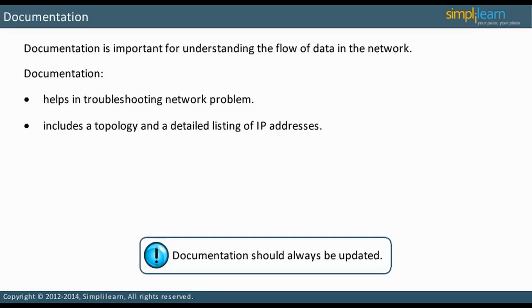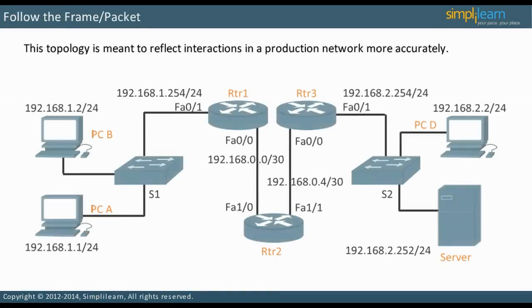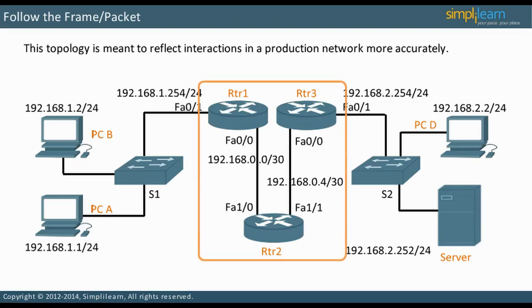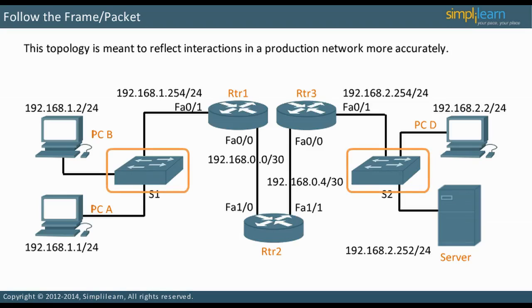In the next slide, let us discuss following the frame or packet. The topology given on the slide is meant to reflect interactions in a production network more accurately. In the middle of the topology are three routers. Note that there are different subnet addresses for each router interface. On either side, a router is connected to a switch.